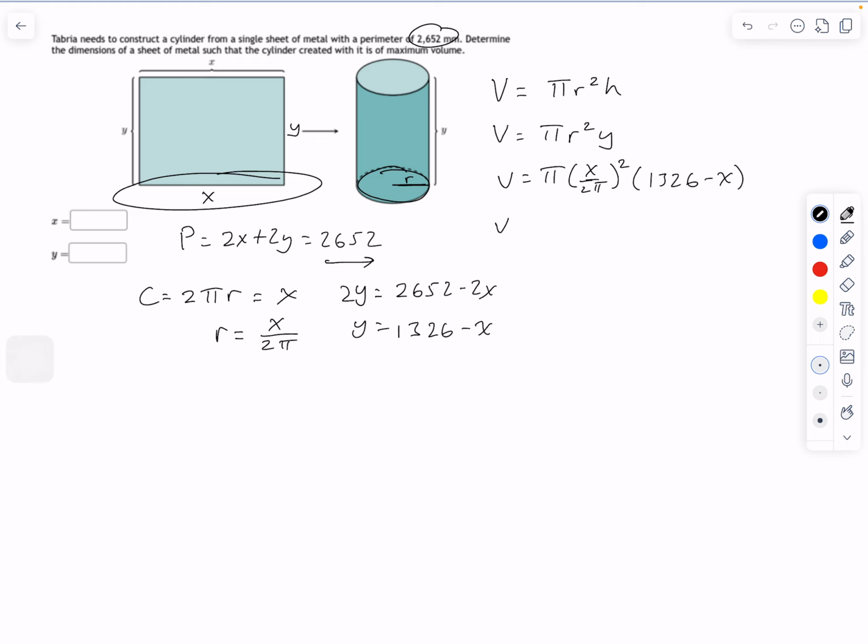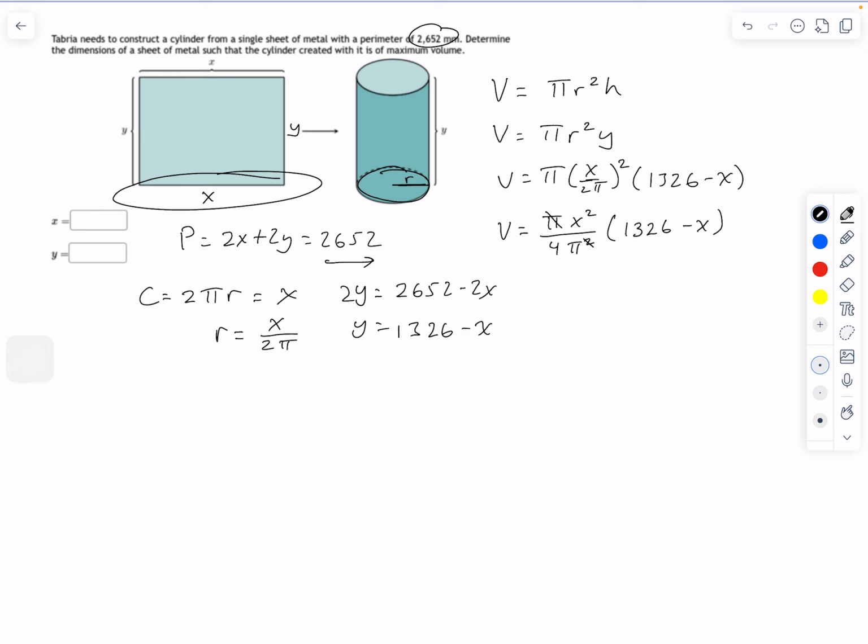Actually, let's multiply it out first. So V is equal to pi x squared over 4 pi squared. So we're going to divide one of those pi's out, and then let's distribute again.